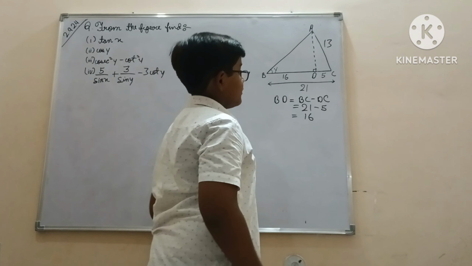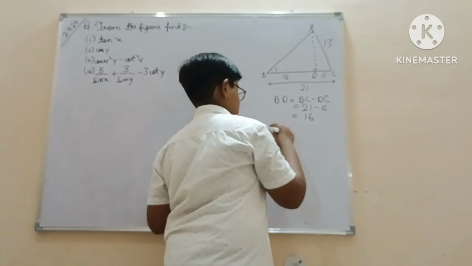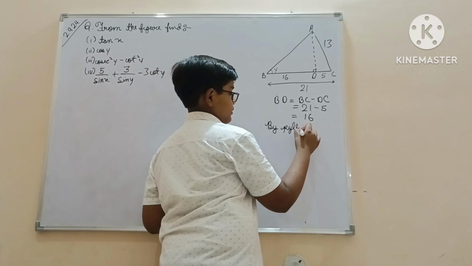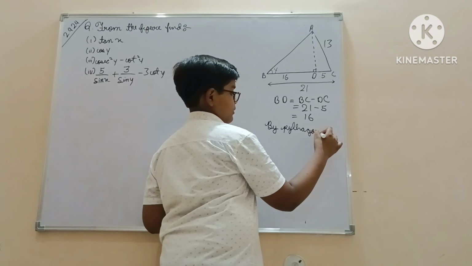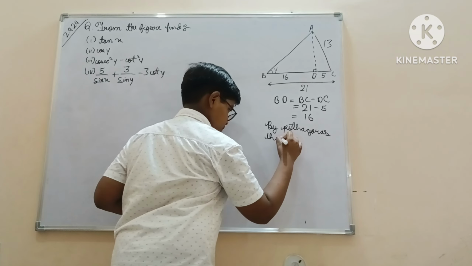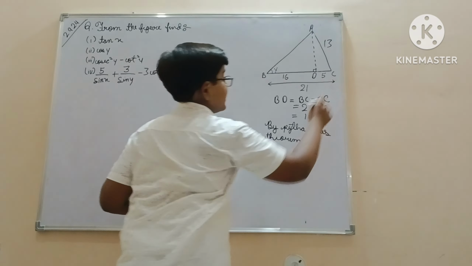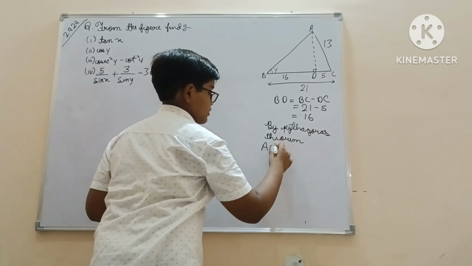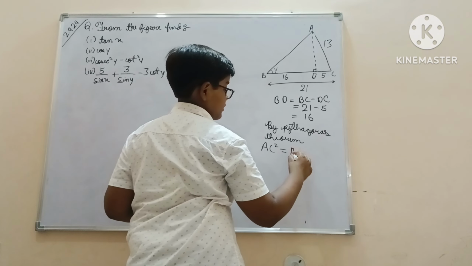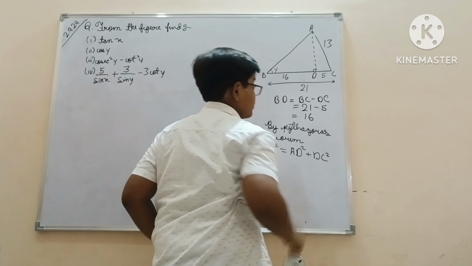In order to find the dotted line, we have to use the Pythagoras theorem. By Pythagoras theorem, AC square, which is the hypotenuse, will give us AD square plus DC square.